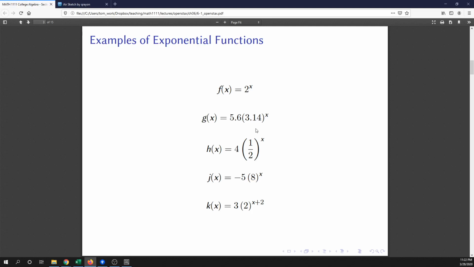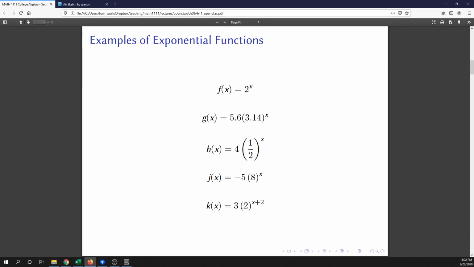Sometimes you will see the base written in parentheses, or sometimes you'll see a dot here indicating multiplication. The reason for that is because it could be ambiguous if you didn't write that.